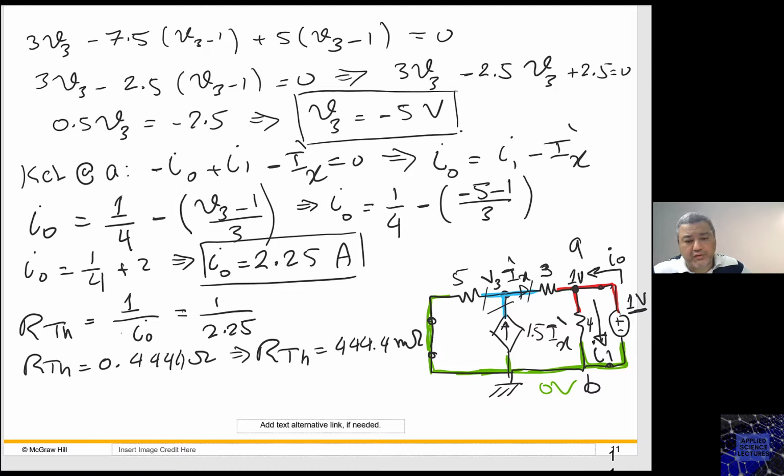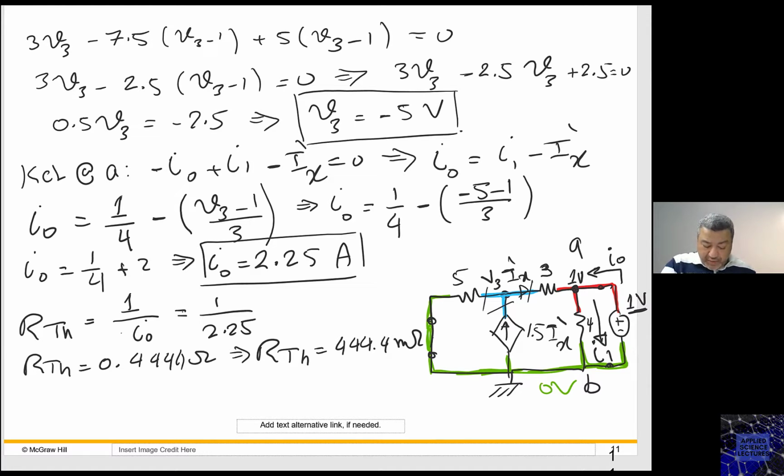No, it's not going to change anything. If you put this as a 2 volt, you will notice that the I naught will increase. The I naught will become 4.5. Divide 2 by 4.5, you're going to get the same ratio. Remember, this is a linear circuit. So if you increase the voltage, the current will increase as well.